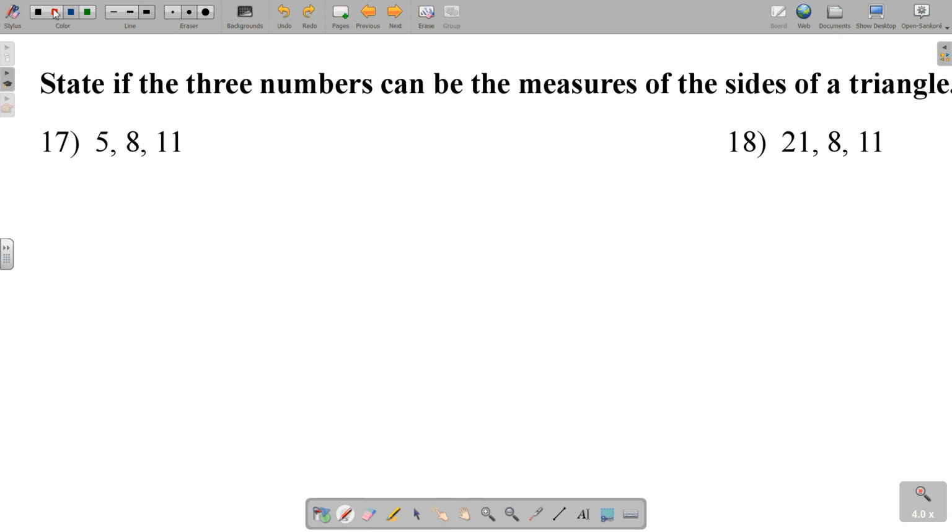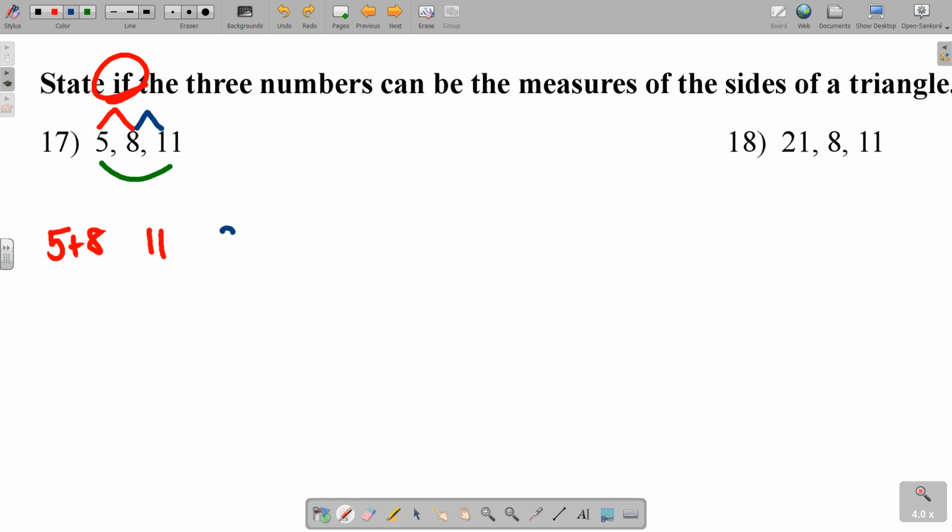Number 17, state to see if they can be a triangle. This is monkey face, eyebrow, eyebrow, smiley. All right, and you check like this if 5 plus 8 is bigger than 11.